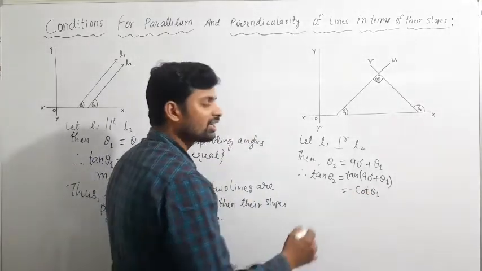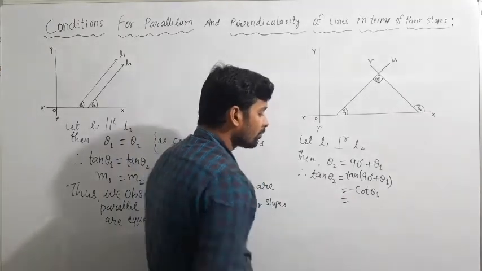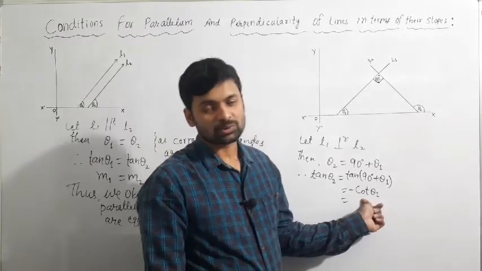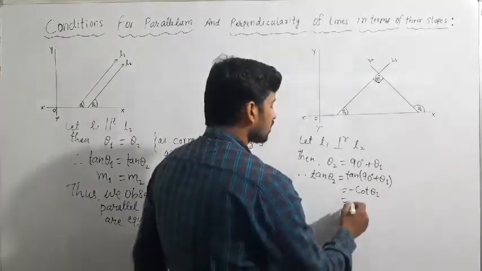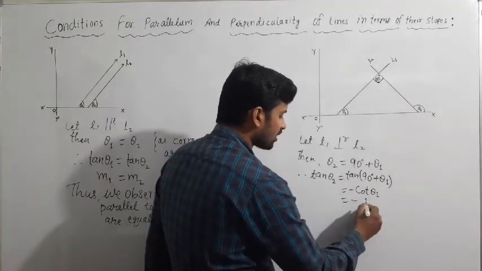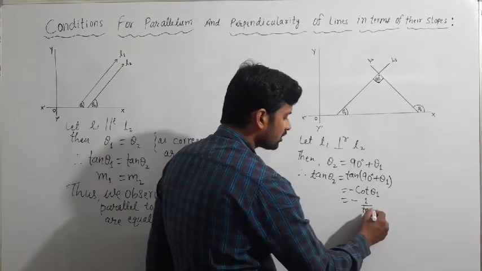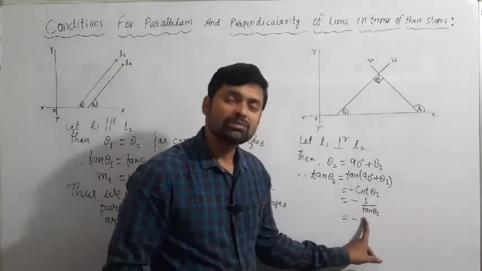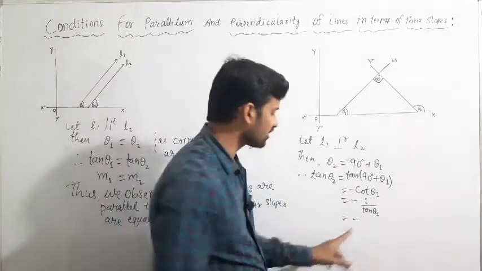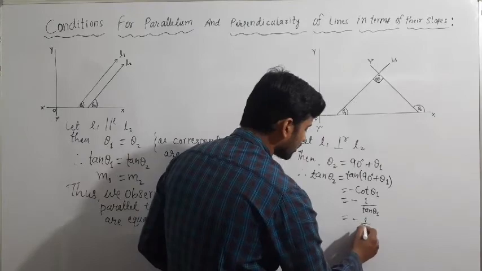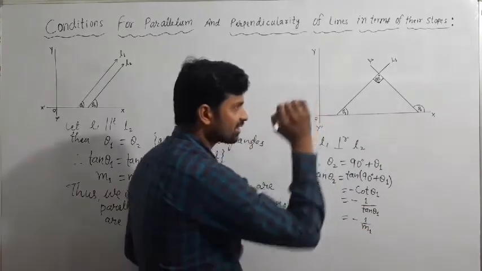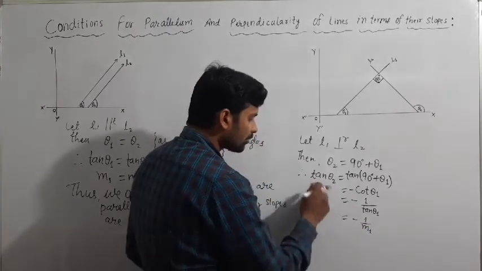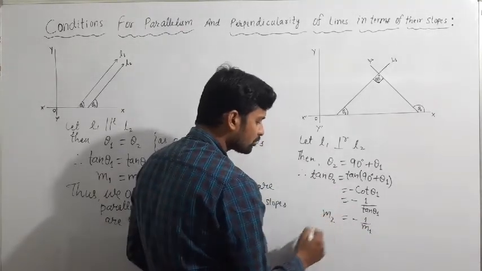Tangent and cotangent are reciprocals of each other, so cot theta 1 may be written as 1 by tan theta 1. Tan theta 1 means m1, the slope of first line L1, and on the left-hand side tan theta 2 means m2.